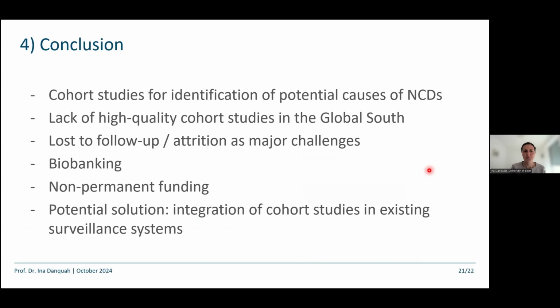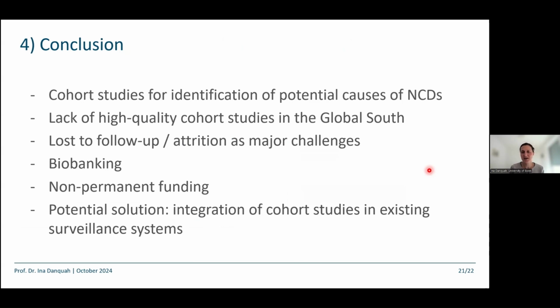So with this, I would like to conclude that on the one hand, cohort studies are very, very important and helpful if we want to identify potential causes of non-communicable diseases in Sub-Saharan Africa, because they give us the opportunity to look at the temporal relation between exposure and outcome.